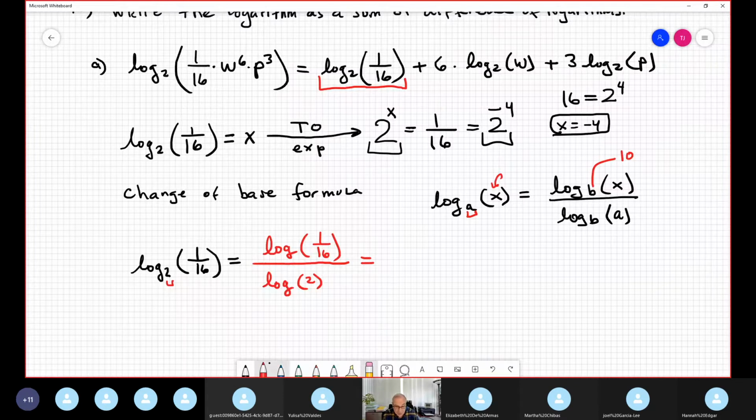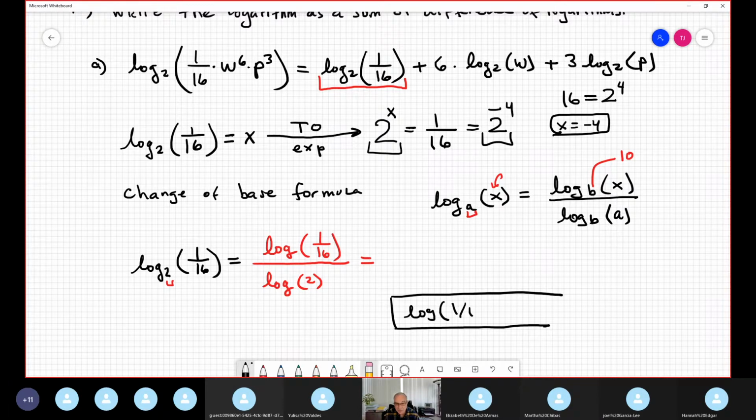And the calculator display looks something like this. I press the key LOG, it automatically opens the parenthesis. You put inside 1 divided by 16, close the parenthesis, divide, LOG again, 2, close the parenthesis, and press enter, and the answer is -4.